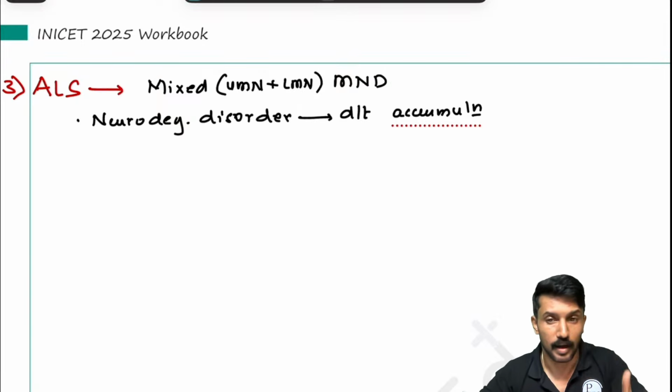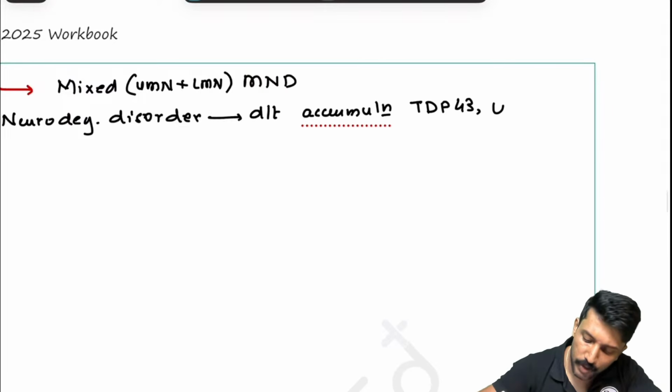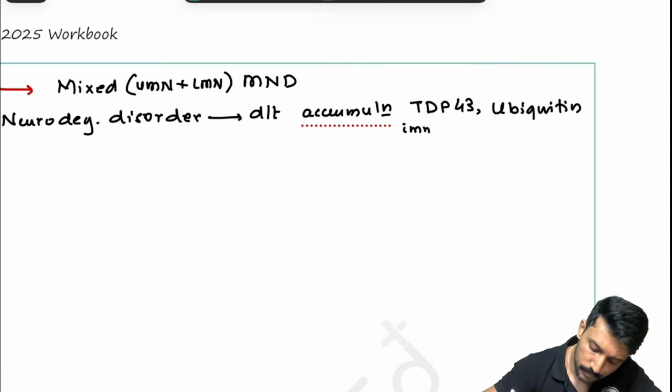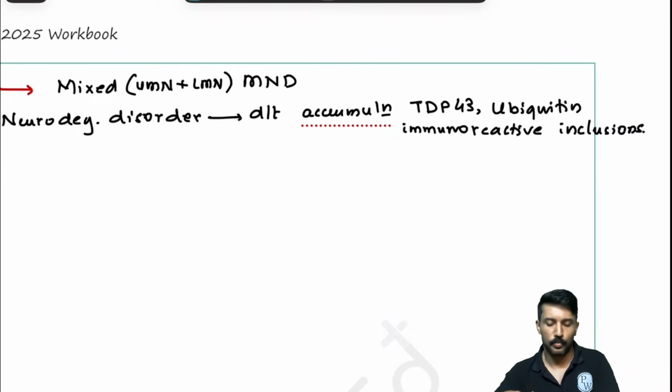Parkinson is due to accumulation of alpha-synuclein. These are due to accumulation of TAR-derived protein 43 and ubiquitin immunoreactive proteins or inclusions. Ubiquitin immunoreactive inclusions.